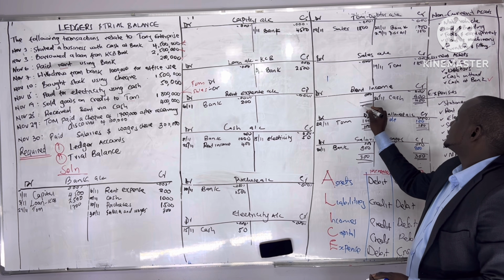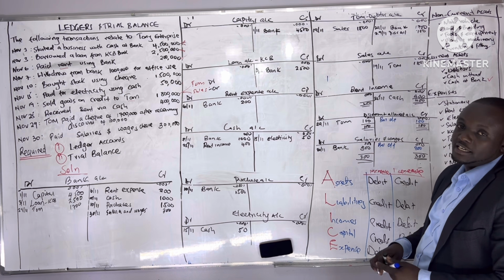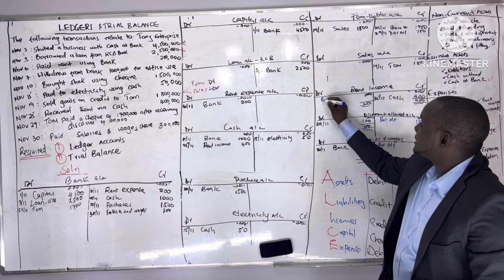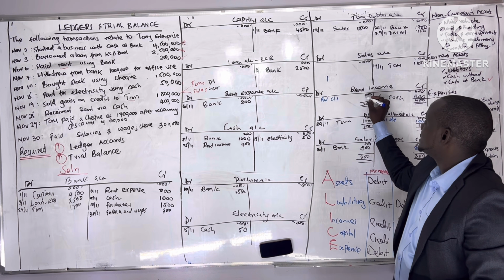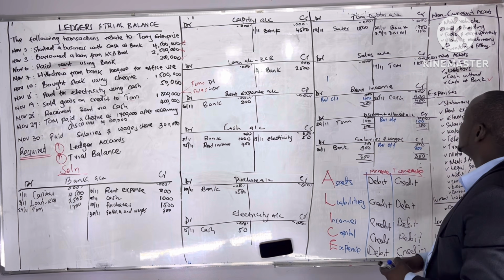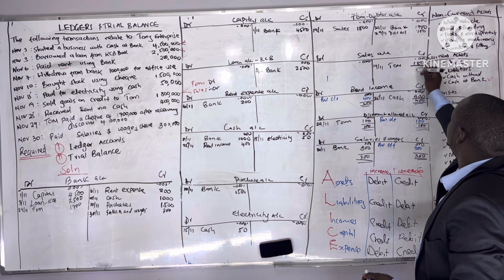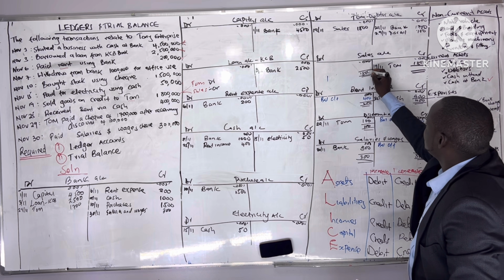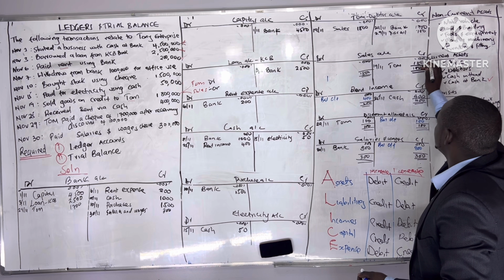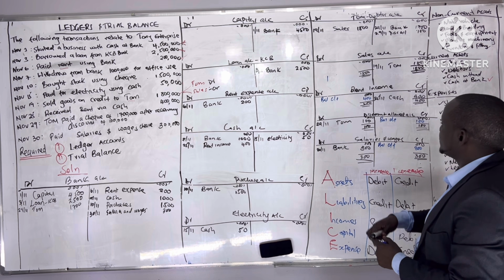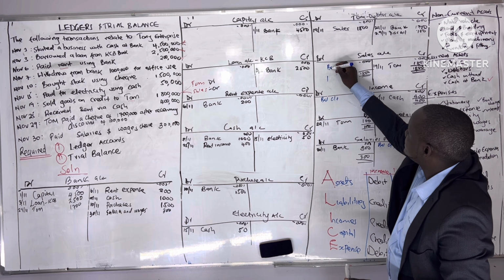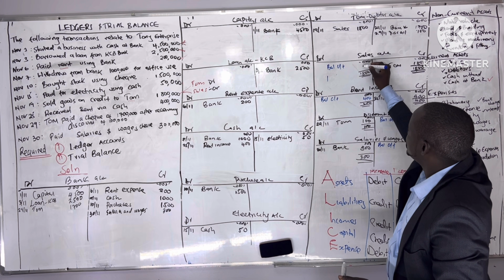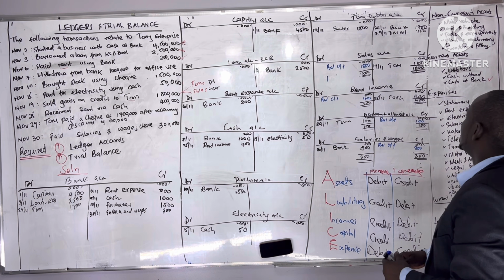I want this side to match as 400, so I put balance carried forward 400. Again for Tom, I do the same. The total is 1,800, so I put balance carried forward 1,800.